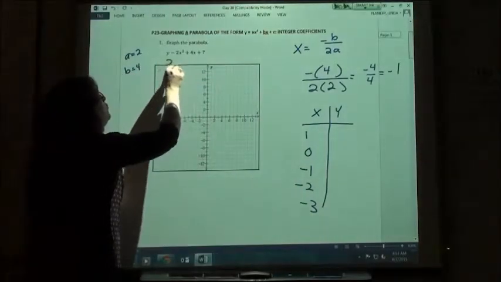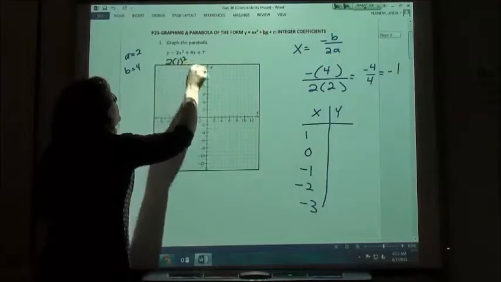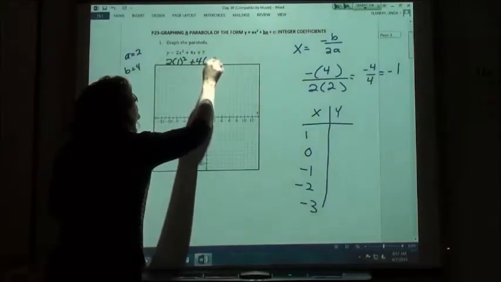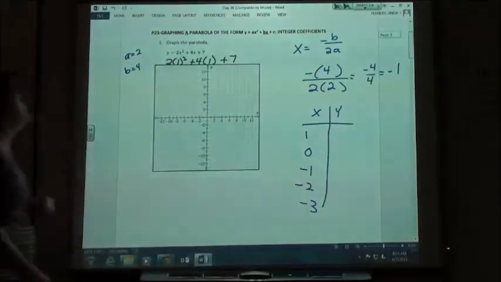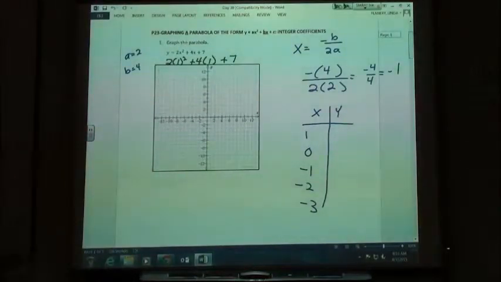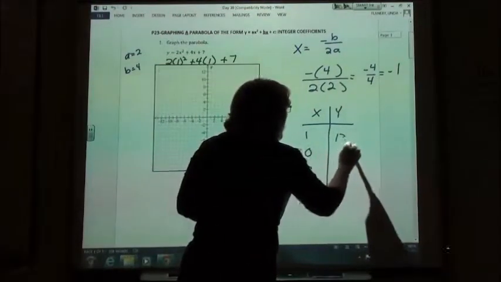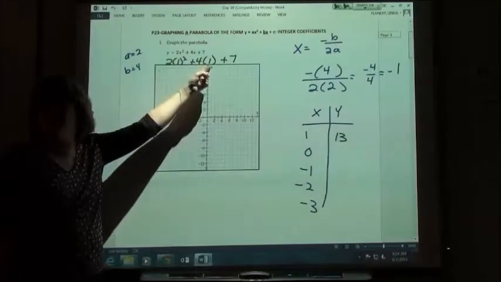We're going to have 2 parentheses 1 squared plus 4 parentheses 1 plus 7. Thirteen. 13, okay?